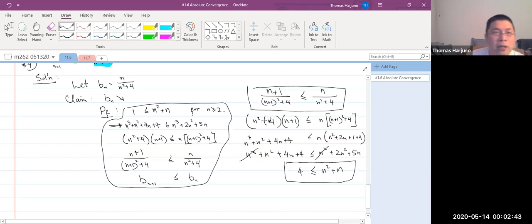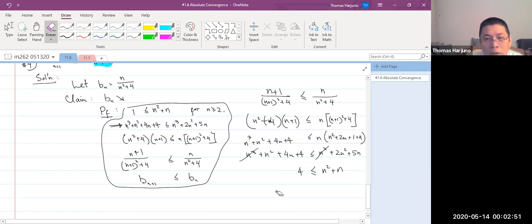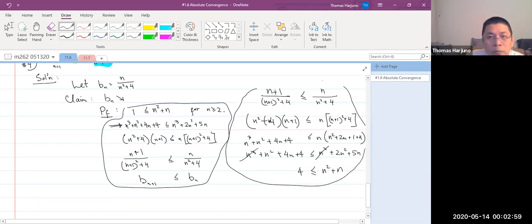But suppose you don't like that. If you want to argue using the one on the right hand side, let me use this notation. So there are two groups. If you want to use the one on the right hand side, you're still okay, but you need to put this notation here.